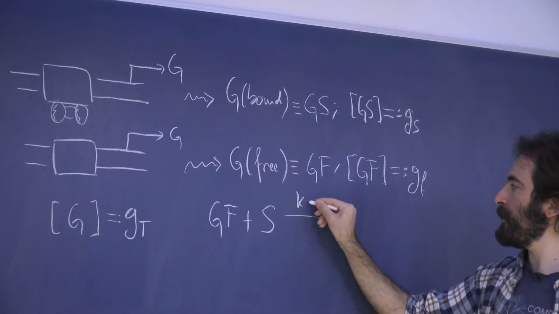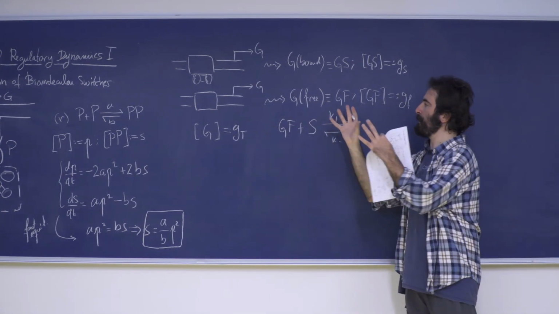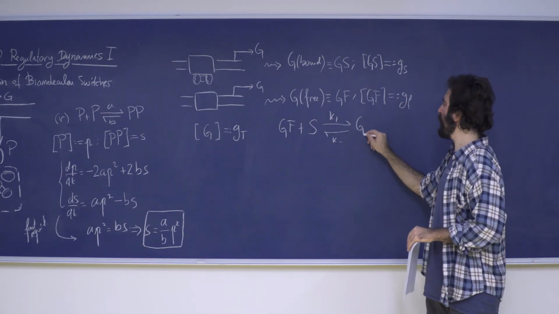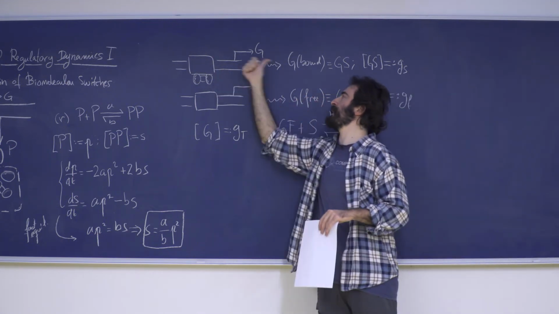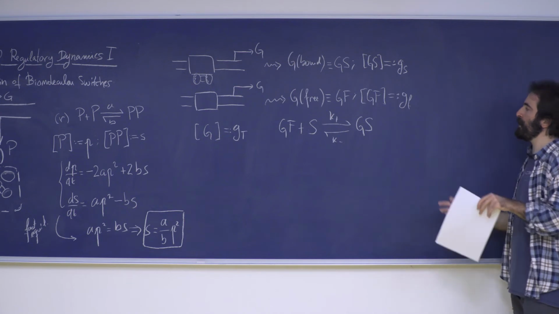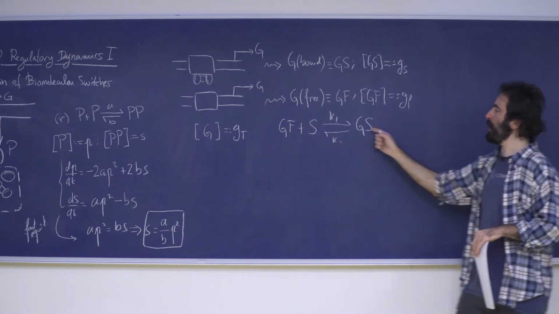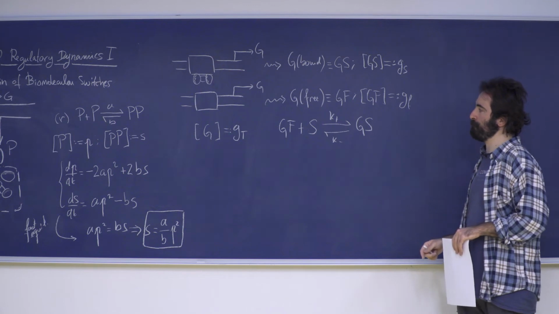And we could have these two rates. Either I bind, and therefore I become a gene that is bound here, and I can now access the process of generating new proteins, or I can unbind, and therefore I go back to this configuration over here.